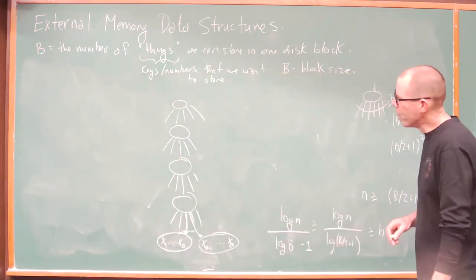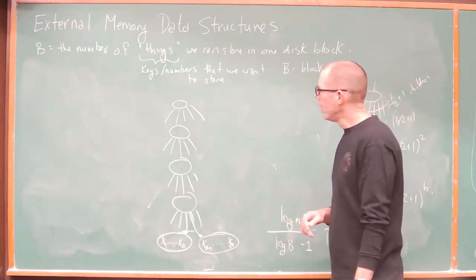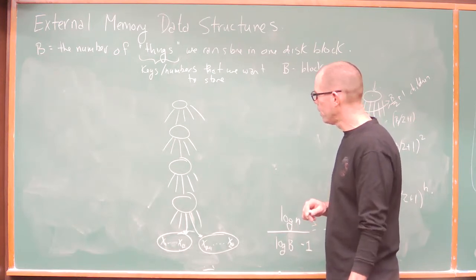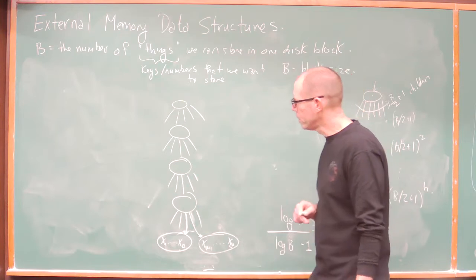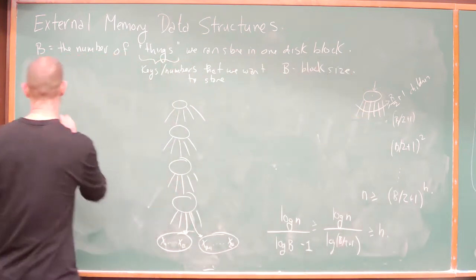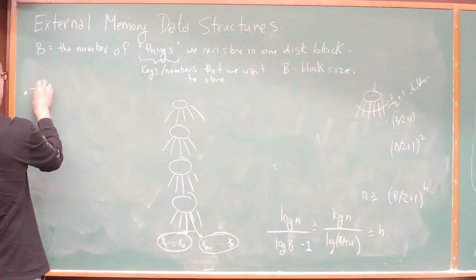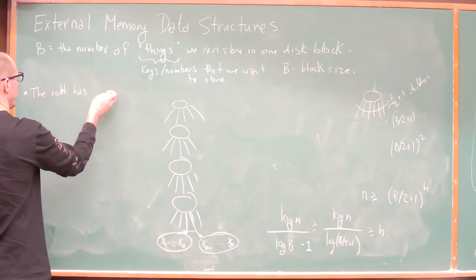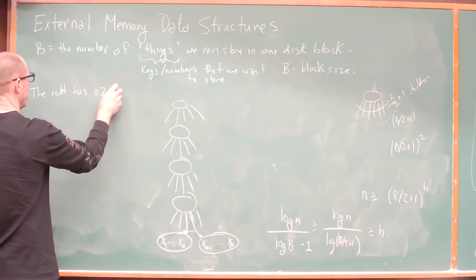And that splitting might happen all the way up to the root, and if you end up splitting the root, then I forgot to say one thing. Every node except the root: the root has greater than or equal to 2 children.